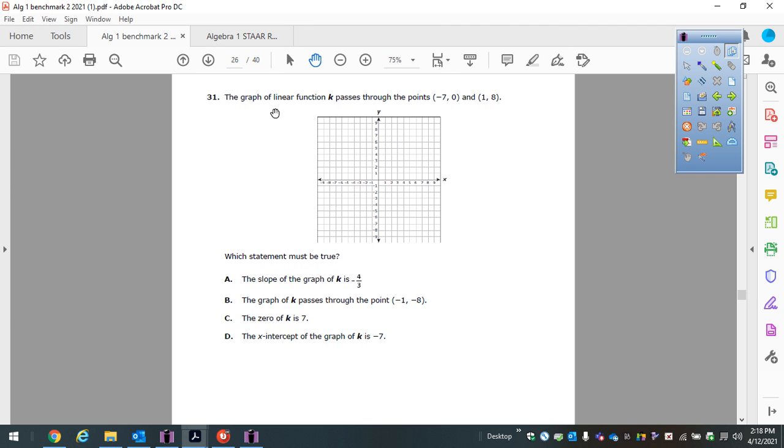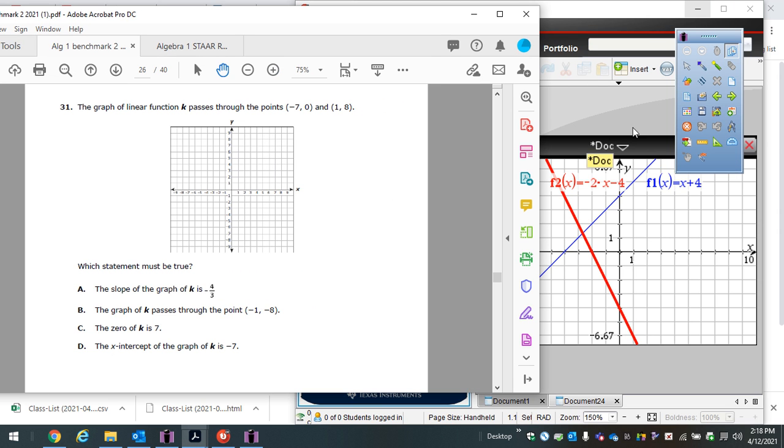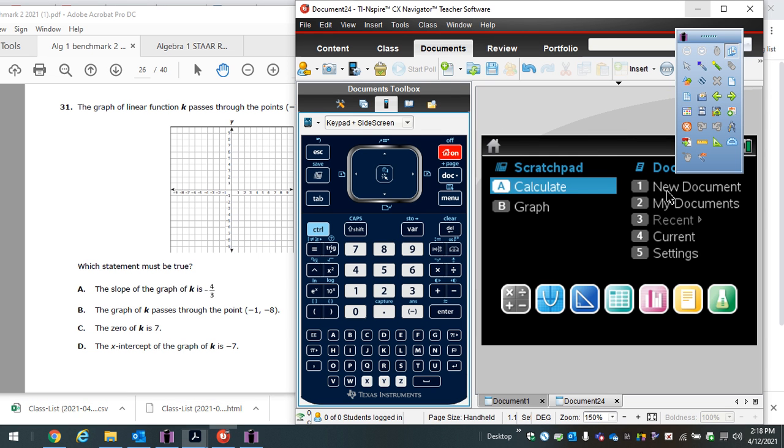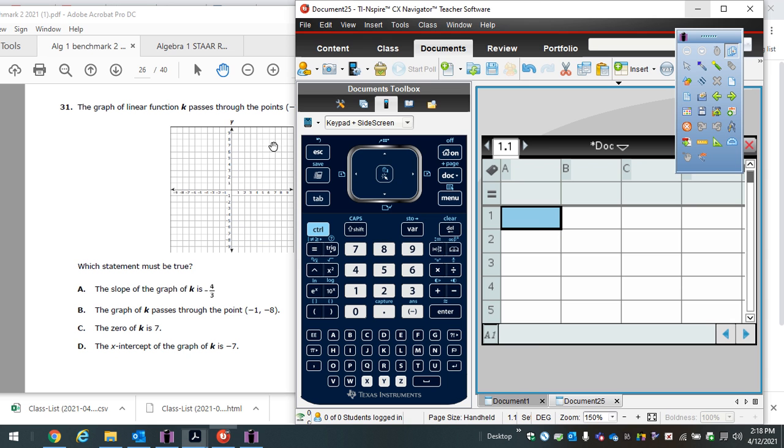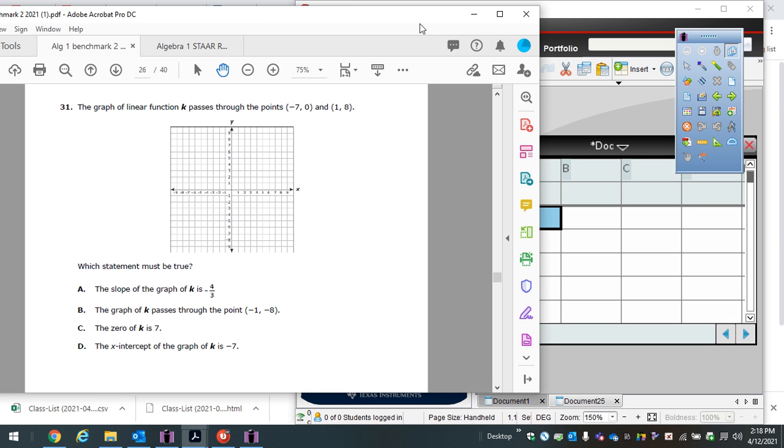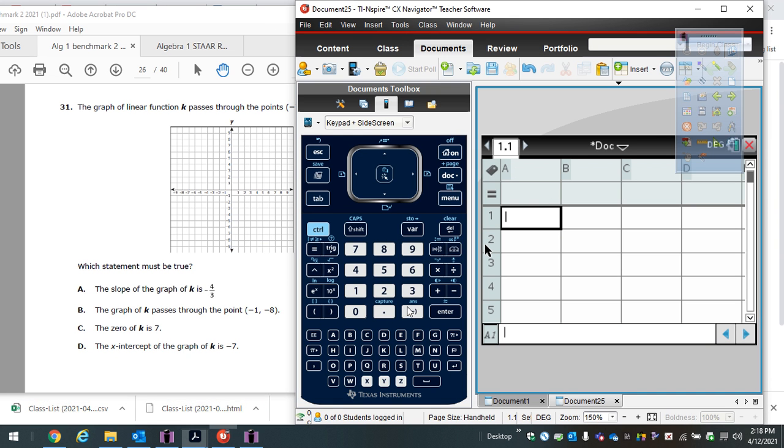Okay, the graph that identified, and we're saying must be true. So I don't even know what it looks like, so I'm going to turn this thing on. When I see 2 points, guys, think of this in spreadsheets. I'm just going to put those 2 points here: negative 7, 0, and 1, 8.